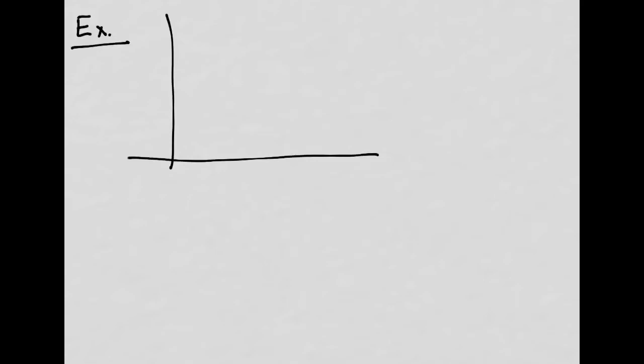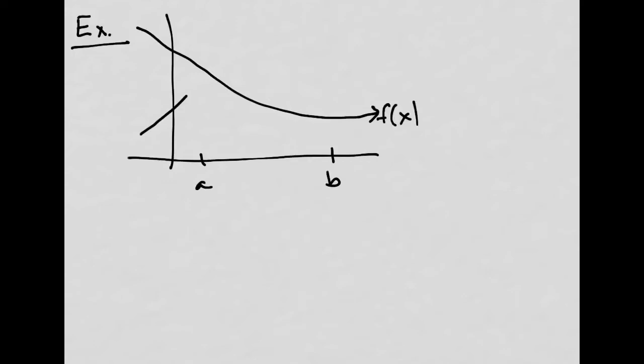So let's zoom in and see kind of a drawing of this. So for an example, let's say that we're looking at a drawing, and you have a to b, and you have some f of x, and you have some g of x.